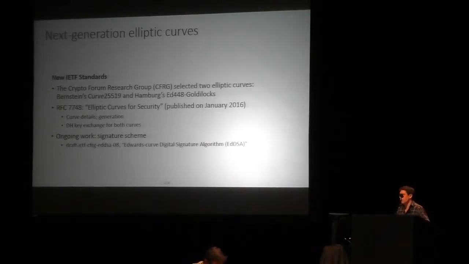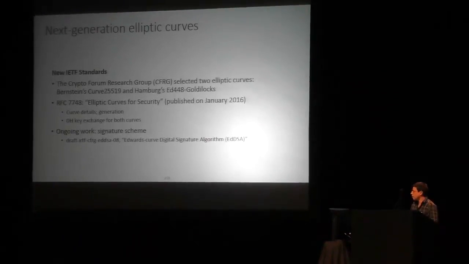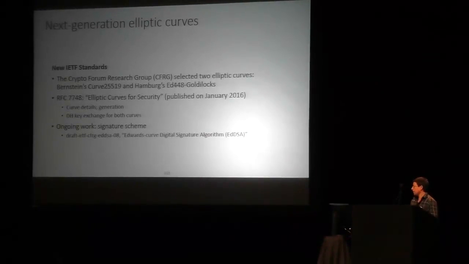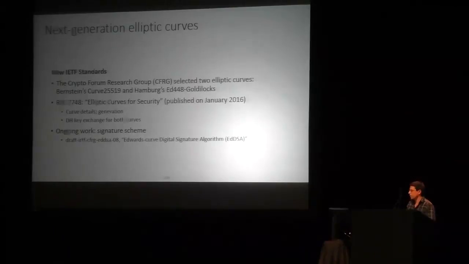Probably most of you are aware that there was a kind of competition to select new elliptic curves. The IETF finally selected, through the CFRG, two elliptic curves for standardization: Dan Bernstein's Curve25519 and Mike Hamburg's Goldilocks curve. And there is already an RFC describing the curves, giving the generation details, and then focusing on cryptographic schemes.